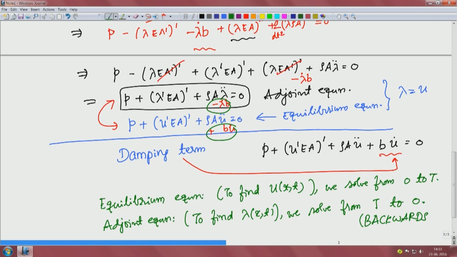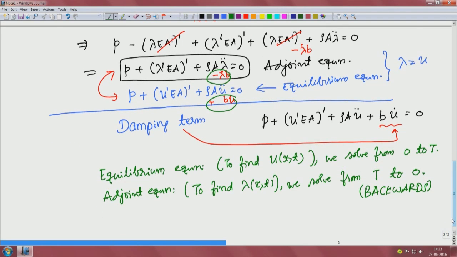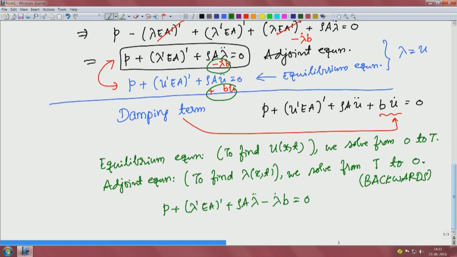Why is that important? Because when you look at the adjoint equation, p plus lambda prime E a prime plus rho a lambda double dot minus lambda dot b equal to 0. Now, let us say that instead of the time t, let us actually have minus time with another variable defined tau.